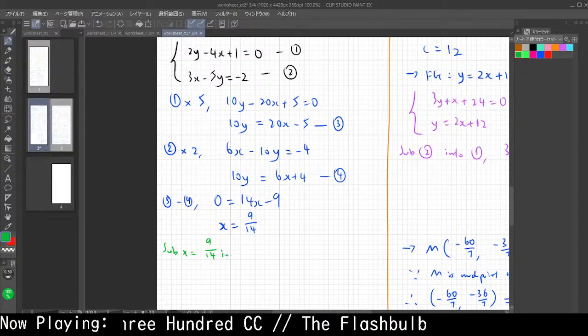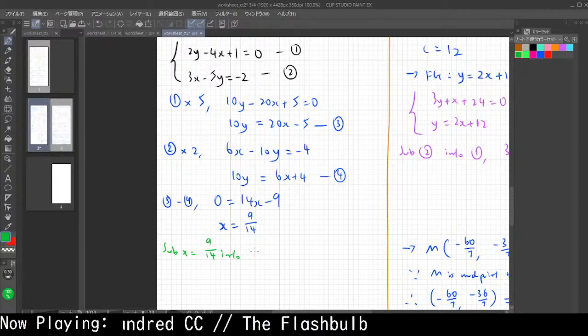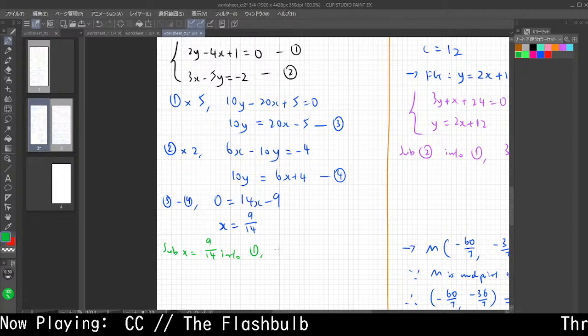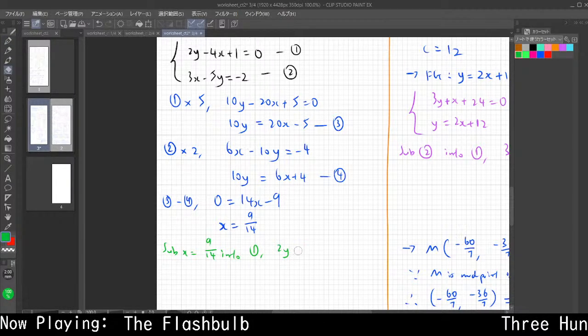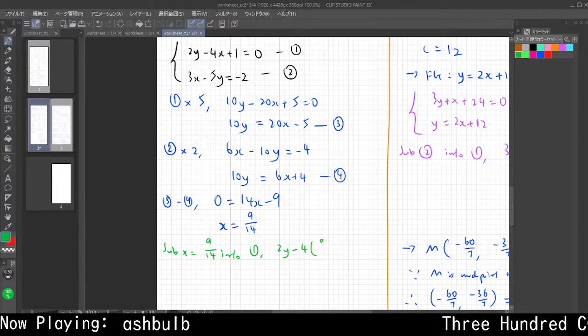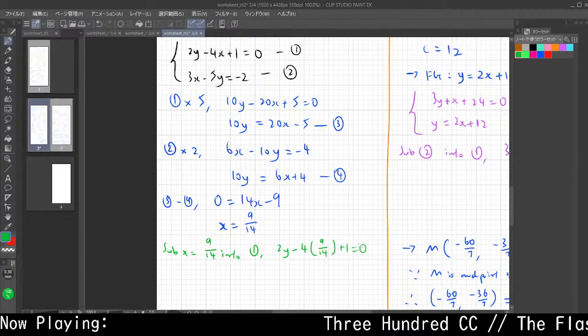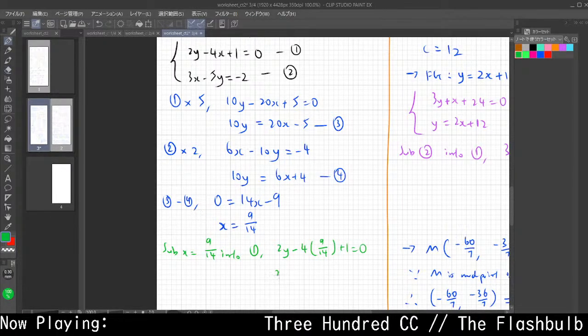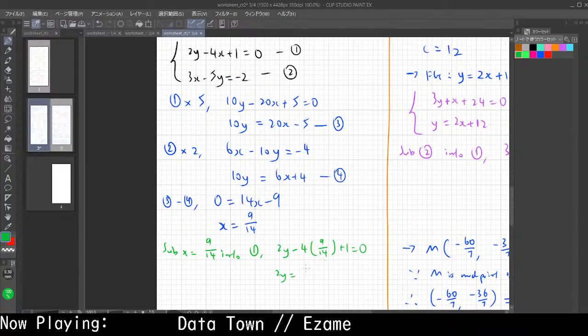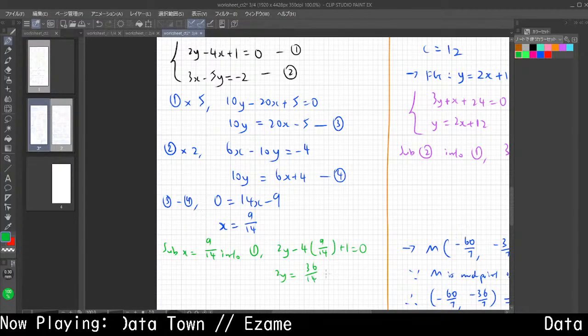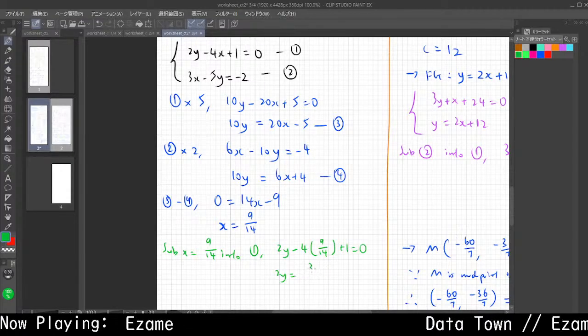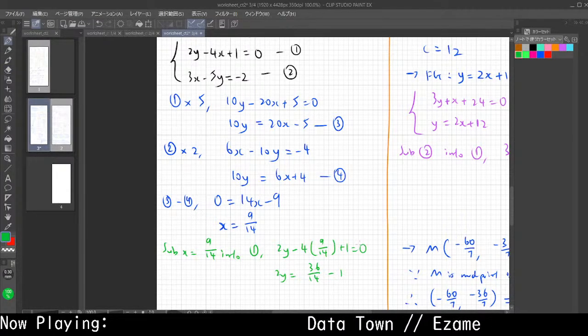Into 1: 2y minus 4 bracket 9 over 14 plus 1 equals to 0. 2y equals 36 minus 36 over 14 minus 1.